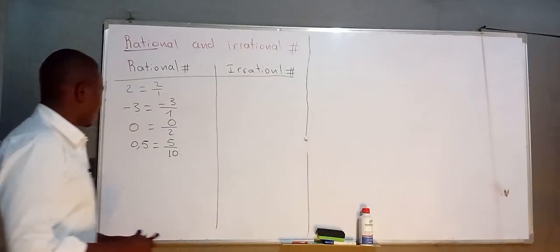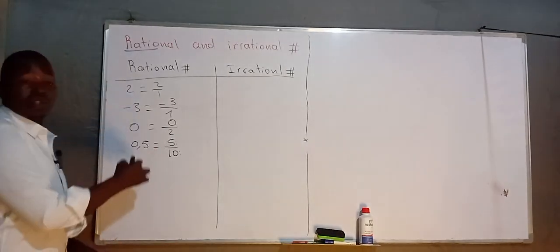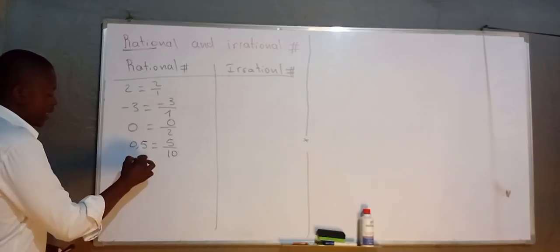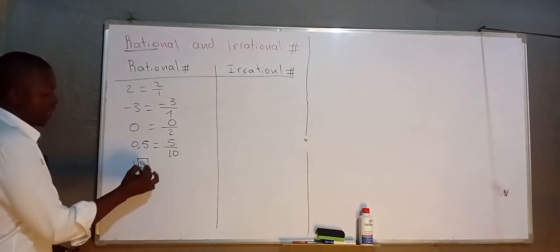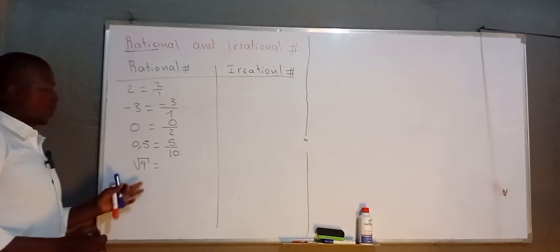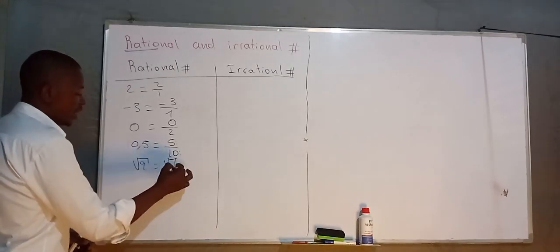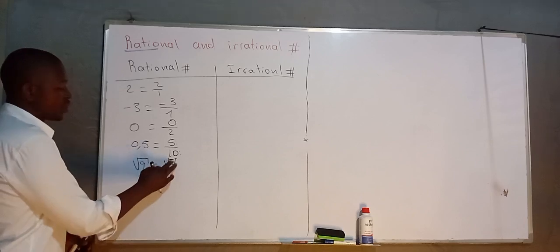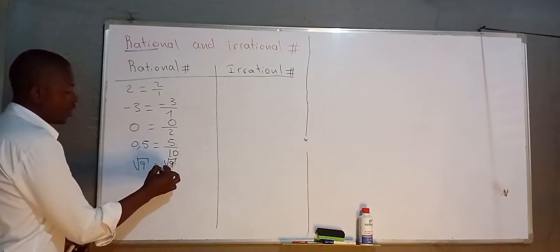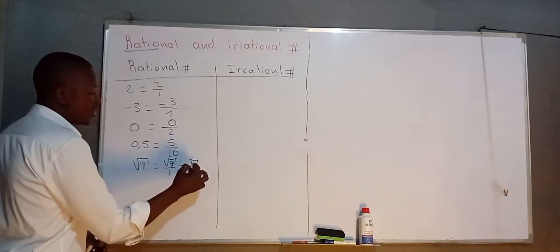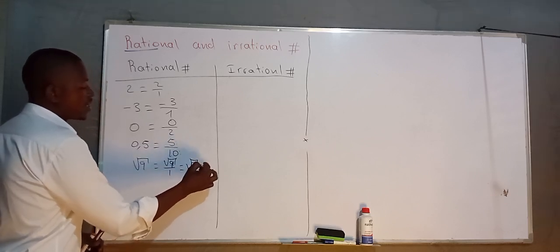We also have square numbers. For example, let's take the square root of 9. Yes, it's a rational number. Why? Because again, this number can be written as a fraction. We can write the square root of 9 over 1, and the result is 3.